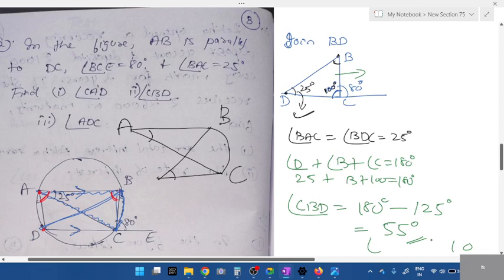Last question. The remaining we will continue tomorrow. There's one more main question left.